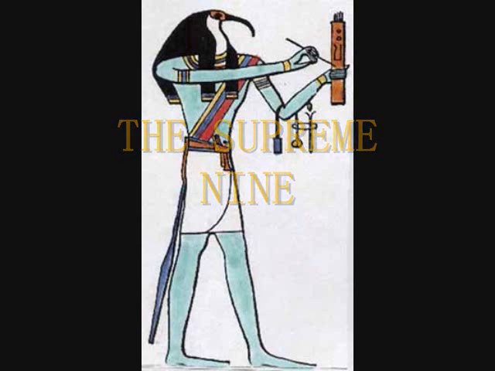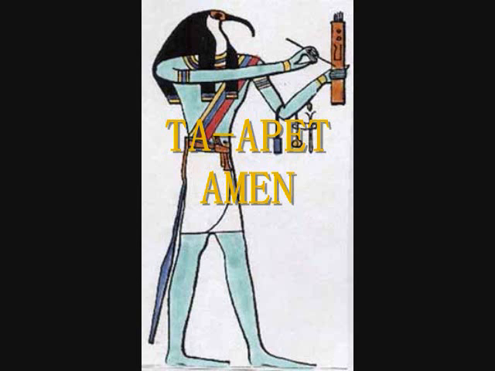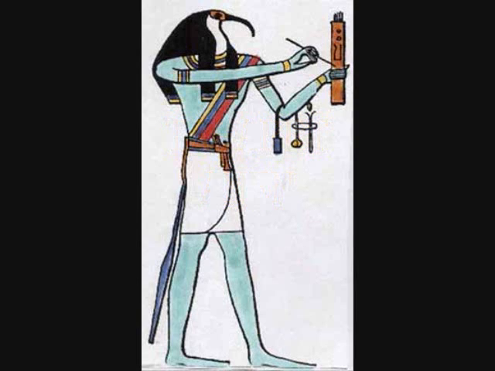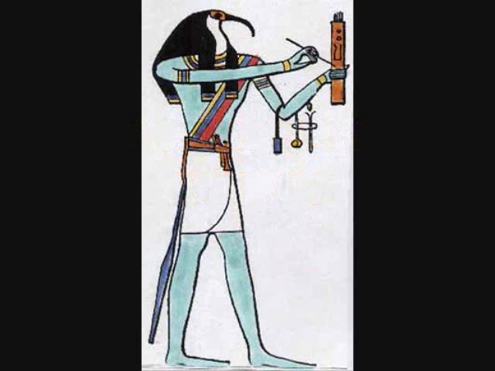When you go to Ta-apet or Thebes, Luxor, you'll see Amen created the Ogdoad. You'll see in Hermopolis, Khemenu, the 8 primeval Neteru. The Ogdoad represented the primeval state of the universe, the 4 dual gender twins.